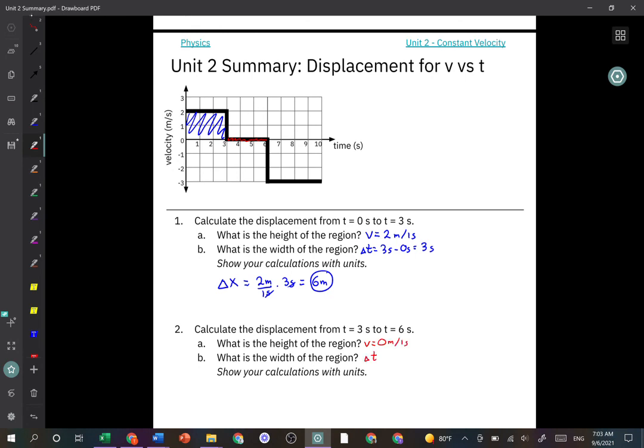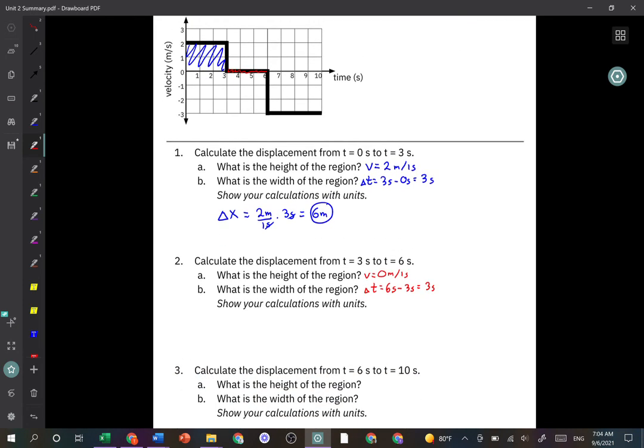Our change in time, the width of this region, 6 seconds minus 3 seconds, so this is going to be a 3-second time interval. Our change in position is going to be equal to 0 meters every 1 second times 3 seconds of travel. So from 3 to 6 seconds, the change in position is 0 meters.